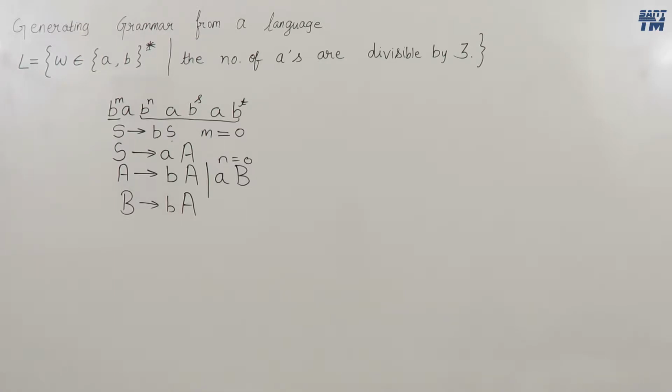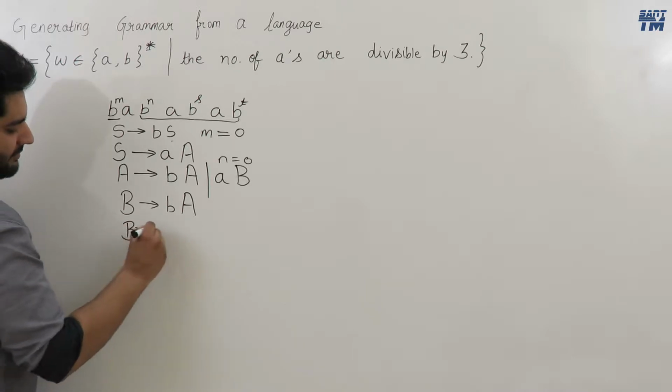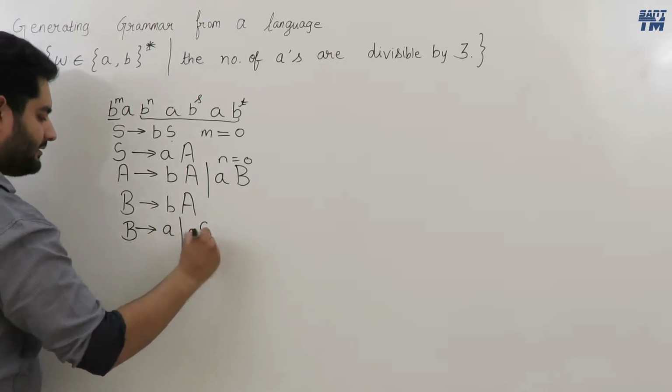Now we can introduce production rules like B derives A or AS.